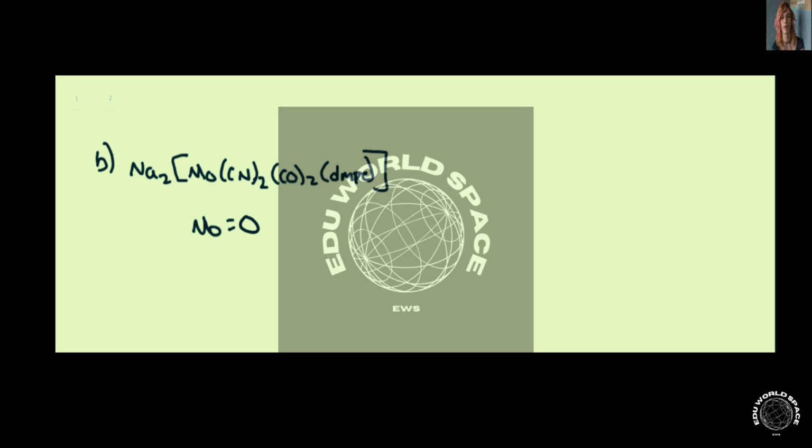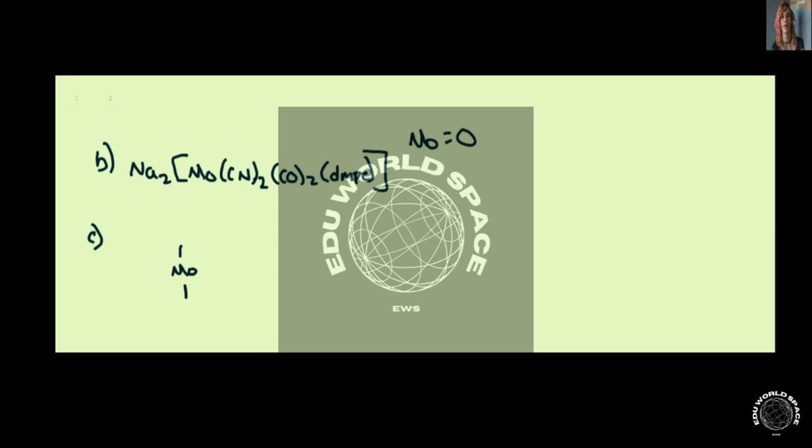We're then asked to sketch the structure of this molecule with all of its isomers. And so to do that, I'm going to move this up over here. I'm going to draw across the bottom here, where we're going to start with our metal ligand. We have Mo. We know that it's an octahedral because there's 6 things coming out of it, 2, 4, and then this is a bidentate ligand, so 6.